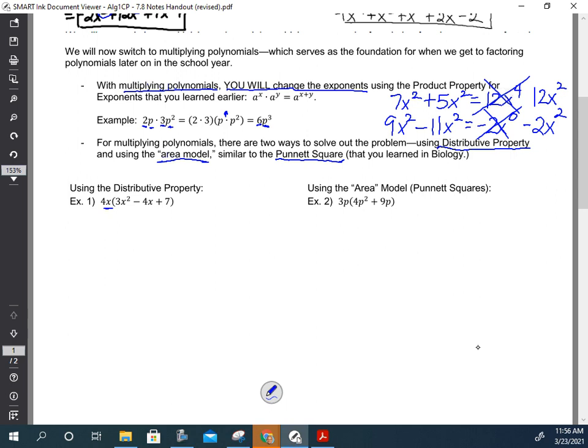So 4x is one term, so it has a name that begins with the letter M. It's a monomial. 3x squared minus 4x plus 7 has three terms, so it has a name that begins with the letter T. Trinomial.